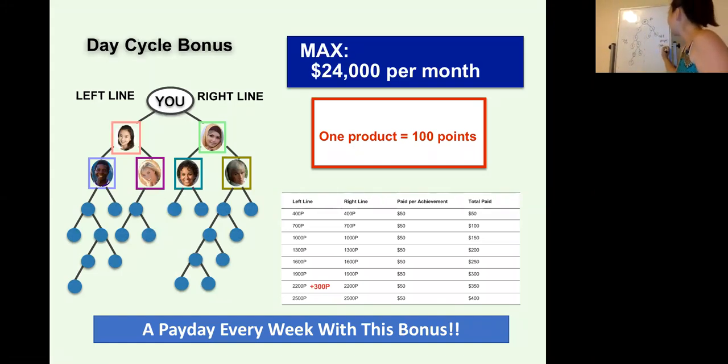October, you have 300 more points generated from the right side. Let's just assume that you are not putting more people in your group. Okay, you always have the 3 and the 7. So 300 more points because they bought one product, and 7 more, 700 points.